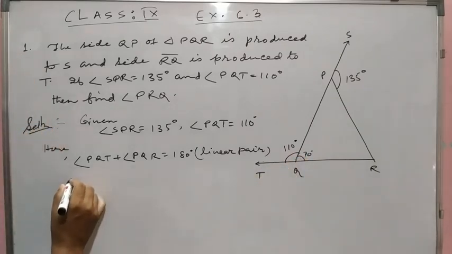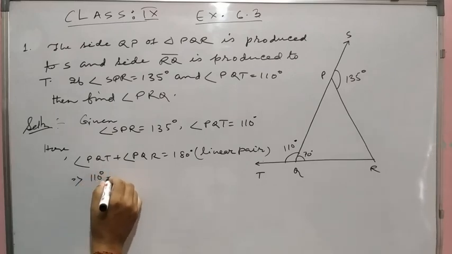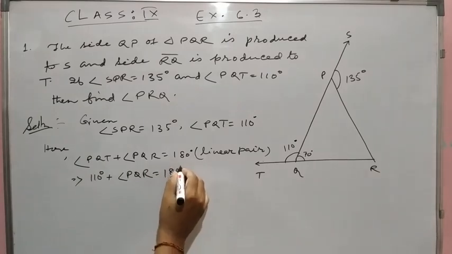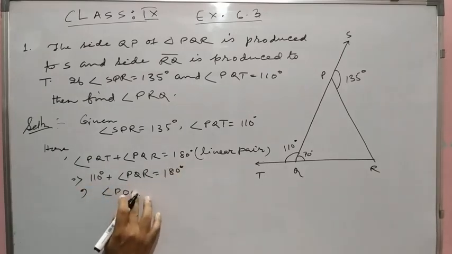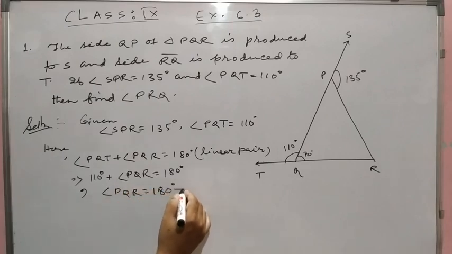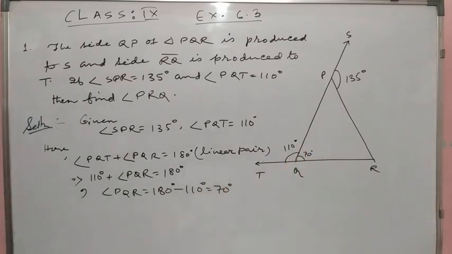So this angle measure is given as 110 degrees, and PQR is not given. Now PQR equals 180 degrees minus 110 degrees, equals 70 degrees. So this is 70 degrees.